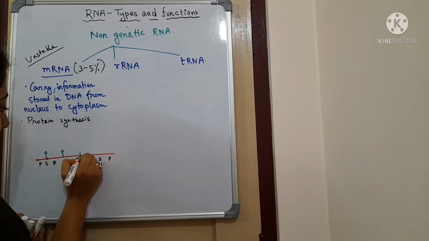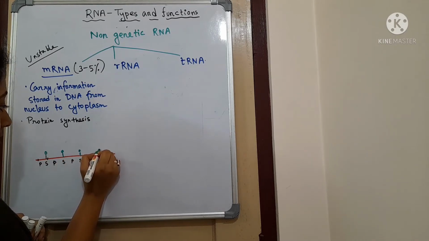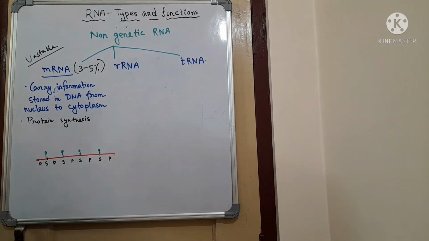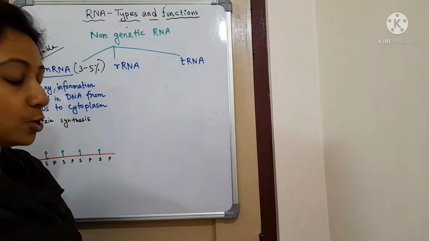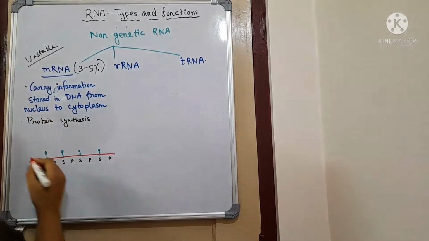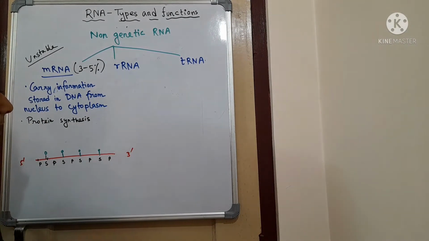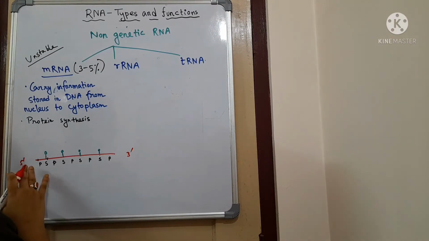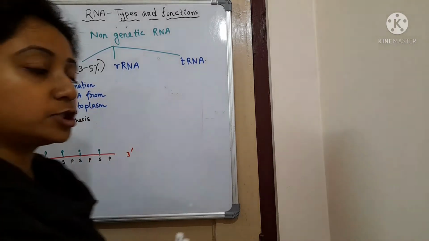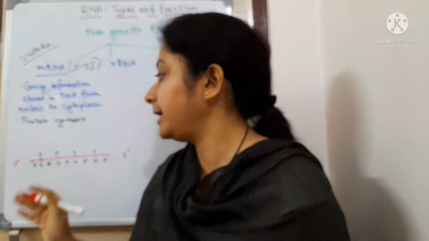These are the nitrogenous bases held by the sugar. Obviously there is a 5' end and a 3' end also, like the DNA molecule. The structure of mRNA is as simple as that.